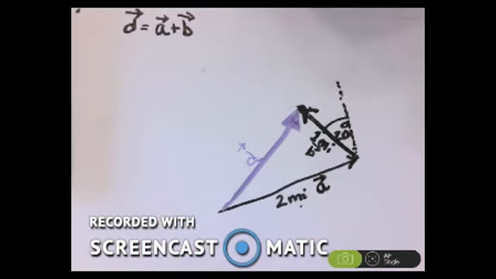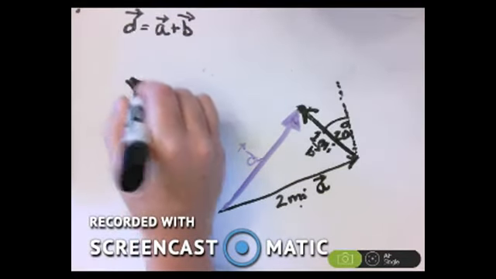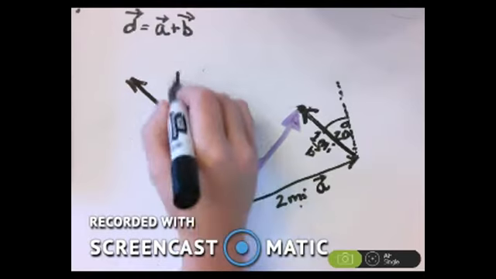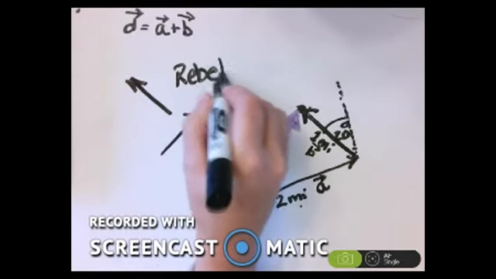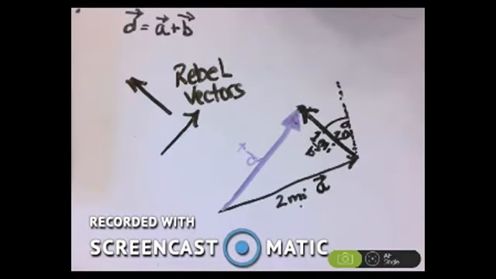Any vector that's at an angle, I call a rebel vector, because it's not nice and horizontal. It is not nice and vertical. It is at an angle.